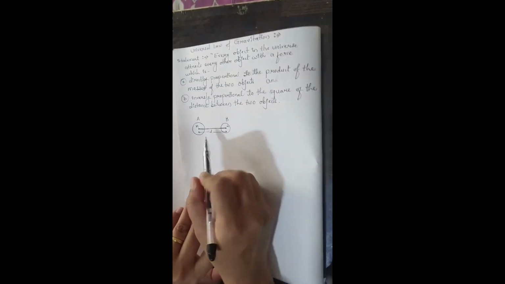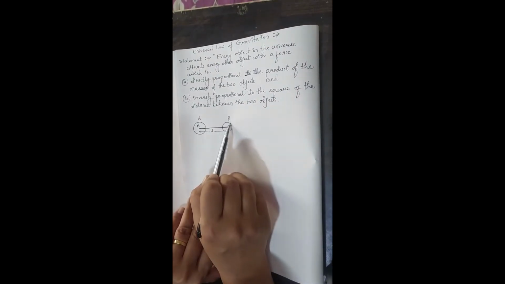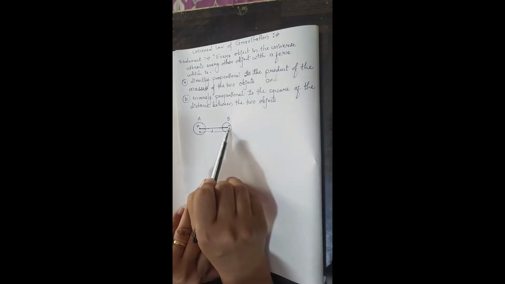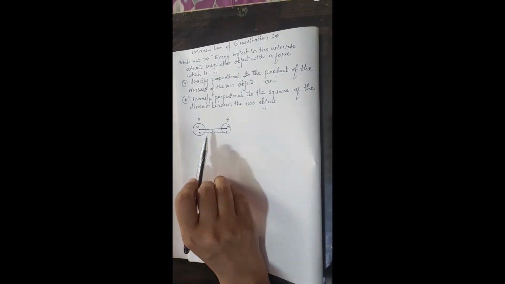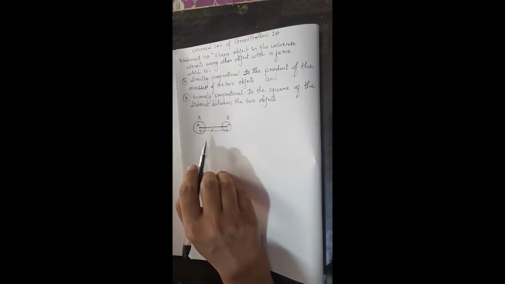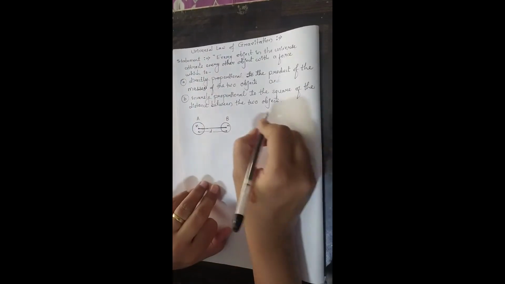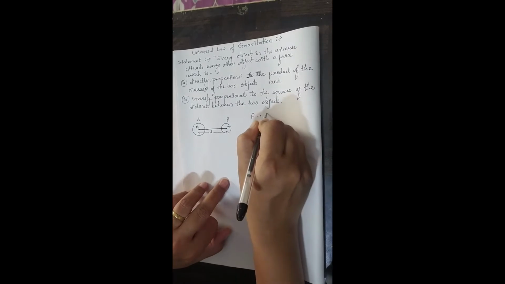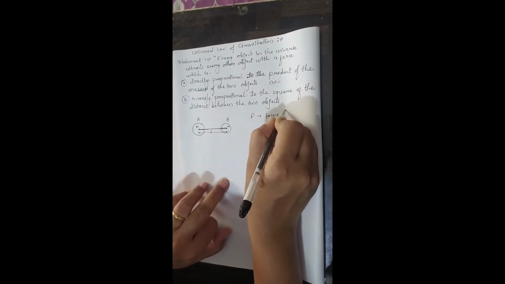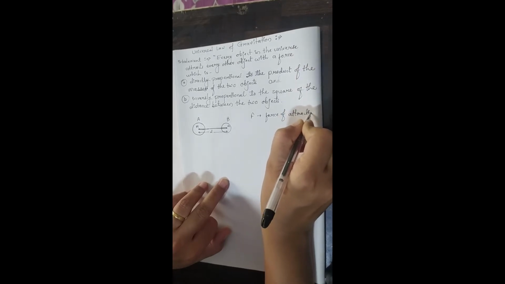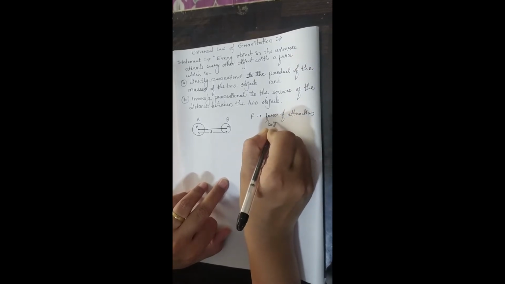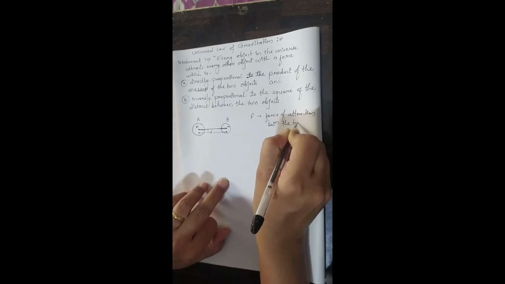Now let the two objects A and B of masses capital M and small m lie at a distance of d from each other. Let the force of attraction between the two objects be F. F is the force of attraction between the two objects.